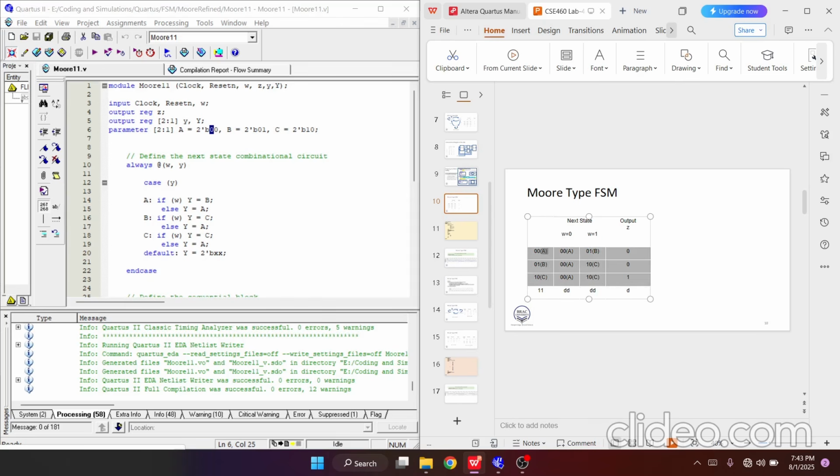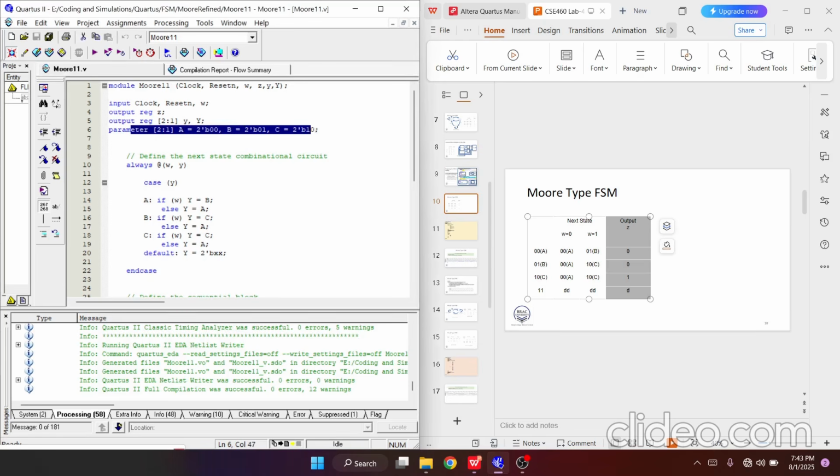We are basically using the state assigned table and converting this table to this line, assigning A, B, C some binary values. Now let us come back to the code.